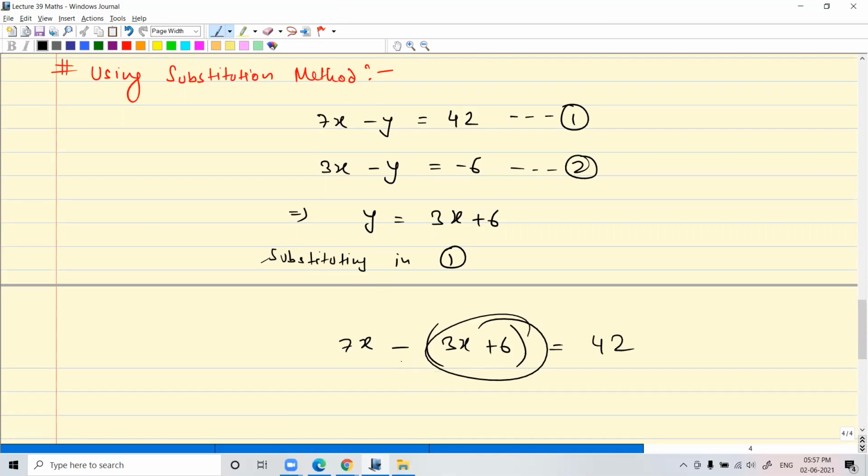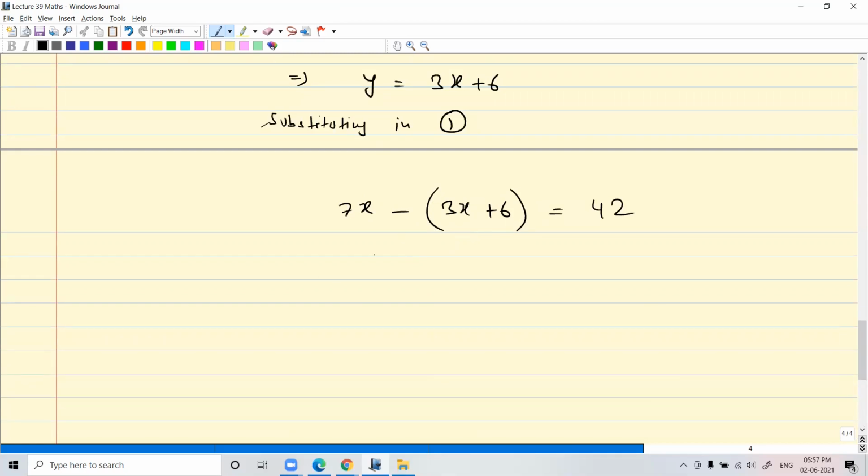This minus belongs to the whole y. So it will be 7x minus 3x minus 6 is equal to 42. Is this where you made a mistake, guys? Whoever made a mistake? I also did the same only. Okay. Yes, sir. Okay. So 7x minus 3x becomes 4x. 6 goes to the other side, becomes 48.